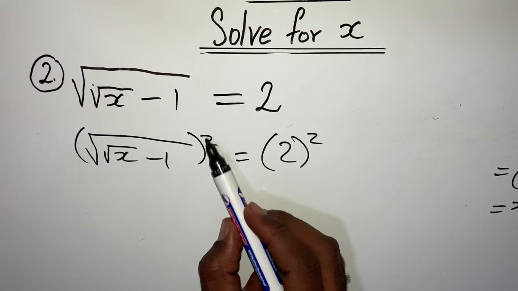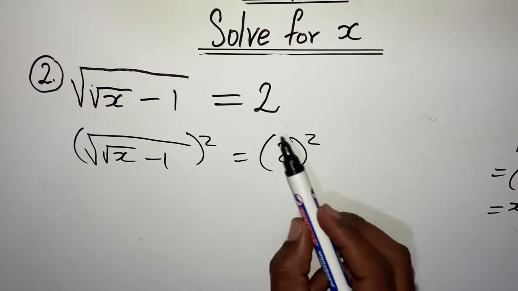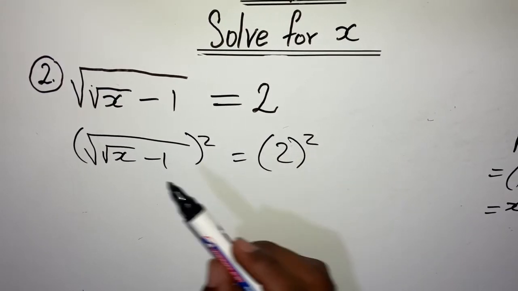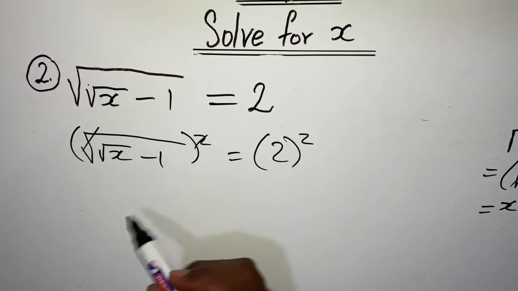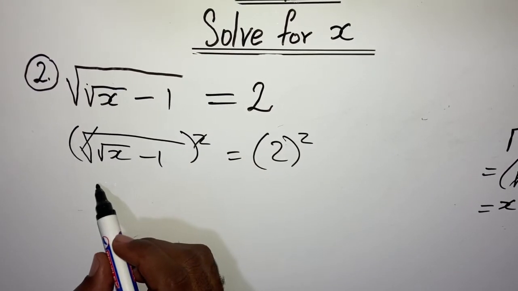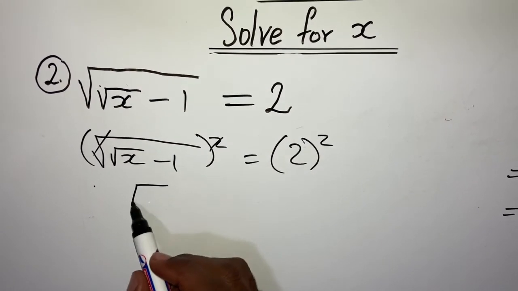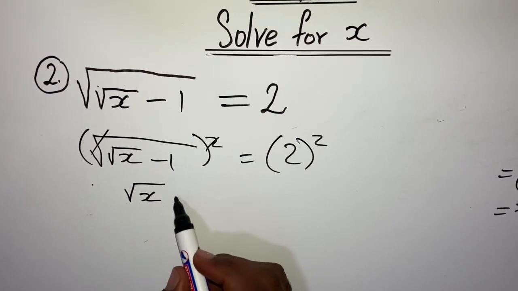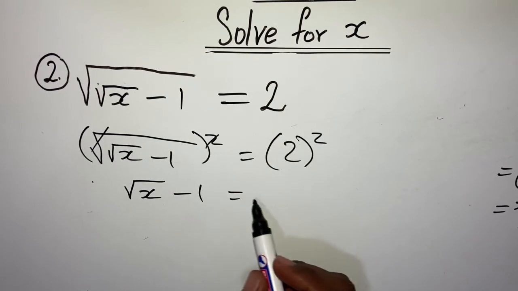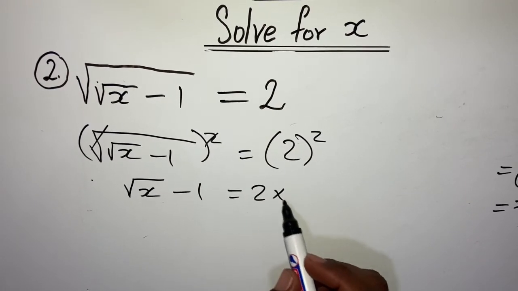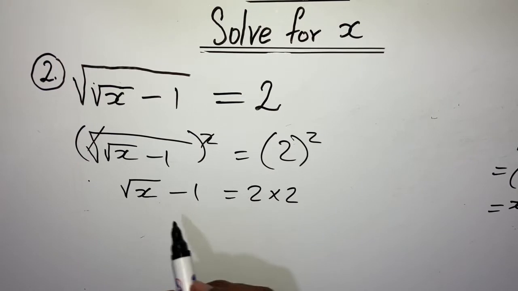Since what I do on the left I must do on the right, I had to square the 2 as well. Then these will cancel. What remains is the root of x minus 1 being equated to 2 times 2.